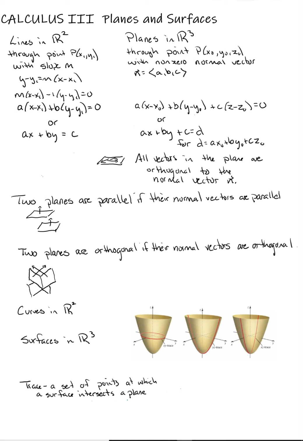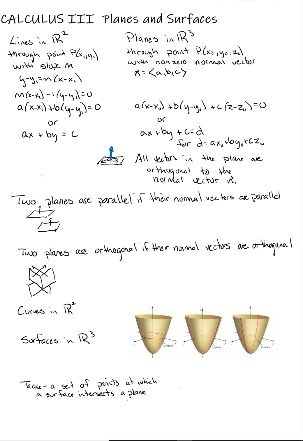And that's one way of defining a normal vector. It is the vector that is orthogonal to all vectors in the plane. So the normal vector would go this direction. Of course, the normal vector could also go the other direction, just so you know.